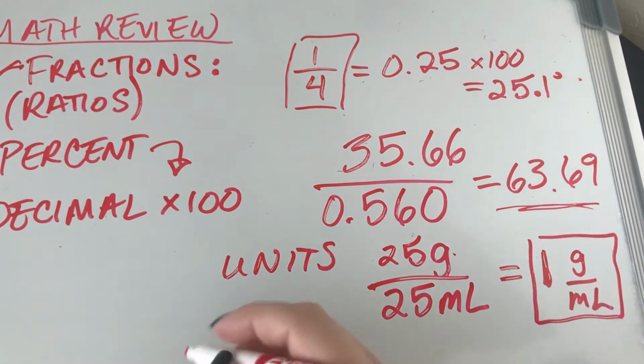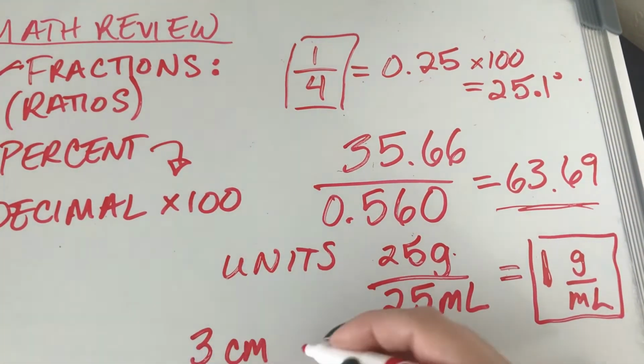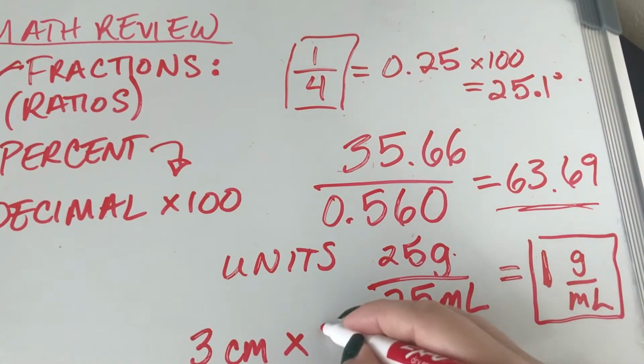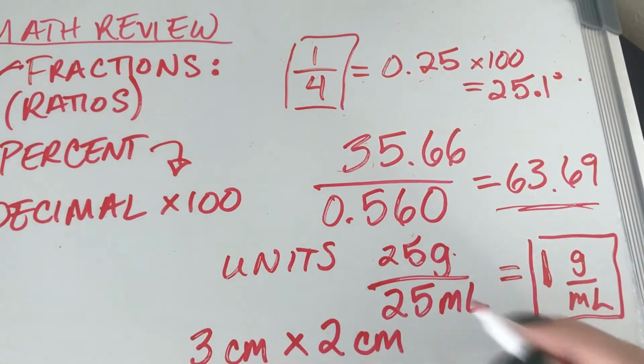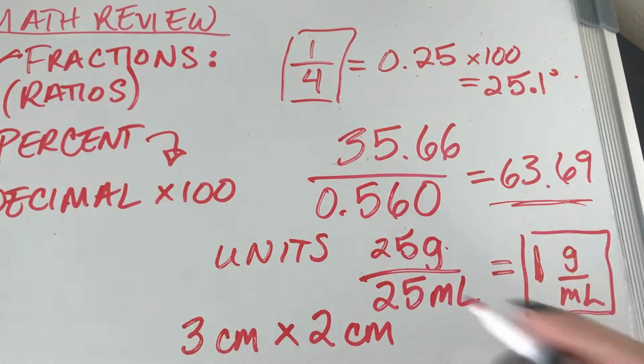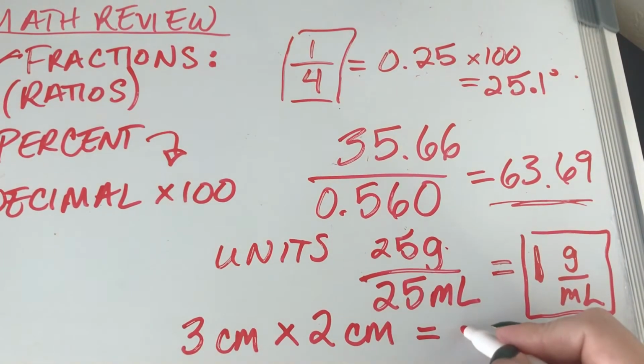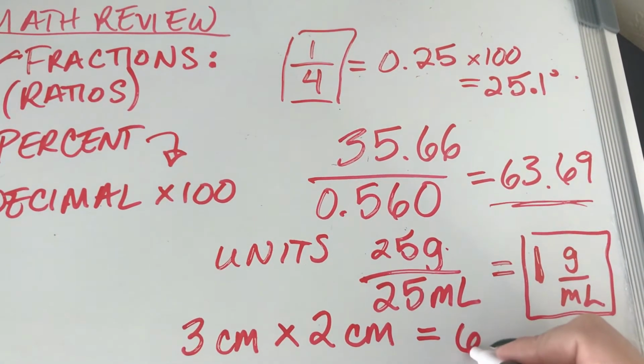Cool. So another thing that we can do with units, let's say we have 3 centimeters times 2 centimeters, right? The 3 multiplies times the 2, and that gives us 6 square centimeters.